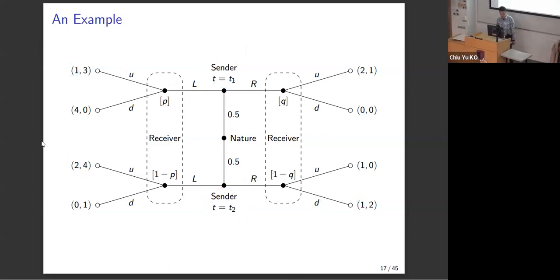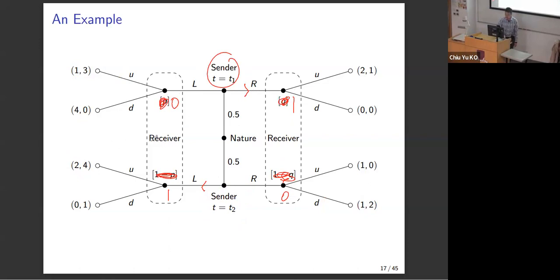Okay, let's do it slowly. Now, consider the case type 1 sends R, type 2 sends L. According to the belief, this is 0, this is 1 here, and this is 1 here, this is 0 here. Okay? The Bayes theorem. Now look at the strategy of the receiver.